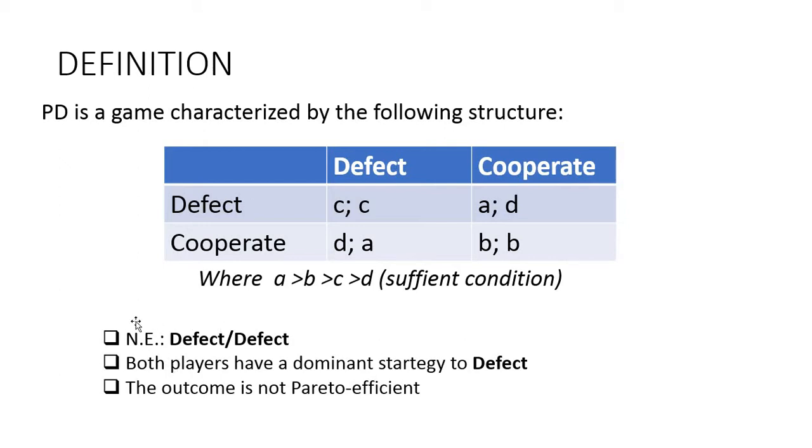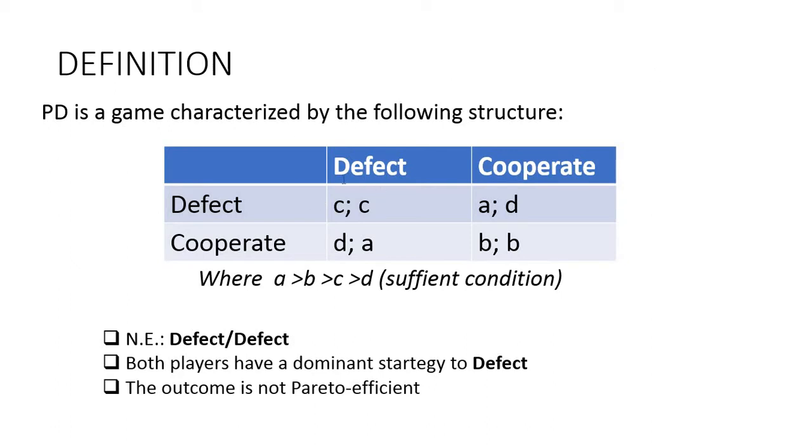So we will have Nash equilibrium when both players decide to defect, and both of them have a dominant strategy to defect. And please keep in mind that in this case, the Nash equilibrium, the outcome of this game, is not Pareto efficient. By definition, Pareto efficiency means that neither of the players can be made better off without making other player or players worse off.